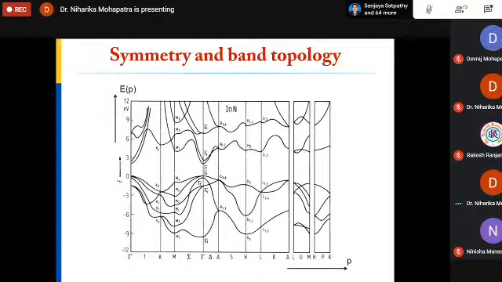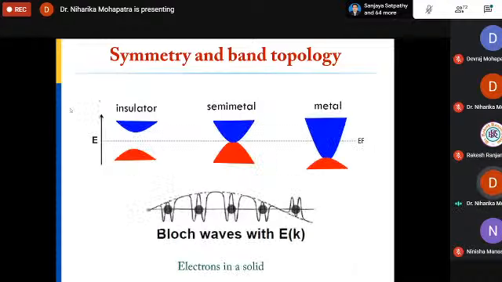So basically, in solids you typically categorize the materials into insulator, metal, semiconductor, or semi-metal, depending upon the band gap. And you are looking at the gap near the Fermi energy. At the Fermi energy, if there is no gap and there is overlapping of the levels, you say that to be a metal.